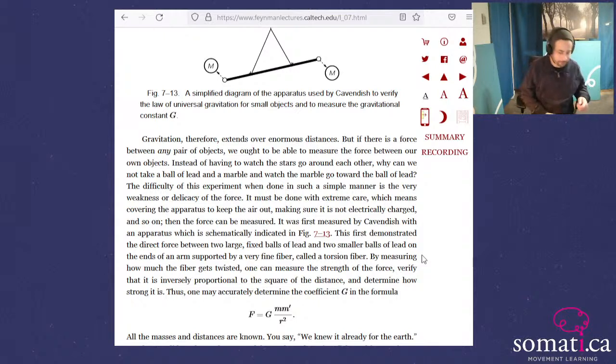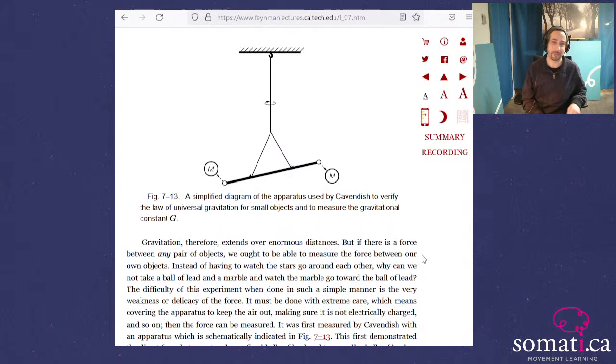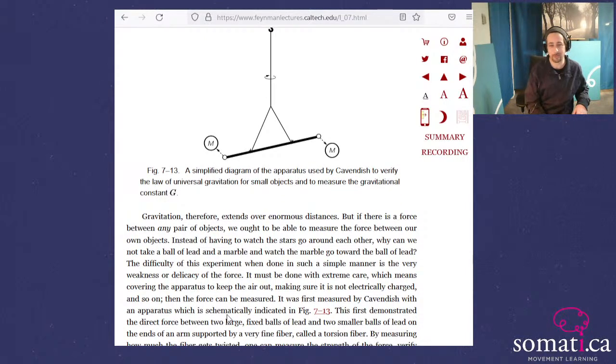So yeah, there's the apparatus anyway for the Cavendish experiment. This rod is dangling, and it's made symmetrically, and the whole apparatus is set up symmetrically with two masses that are identical to each other, at equal distance in opposite directions.